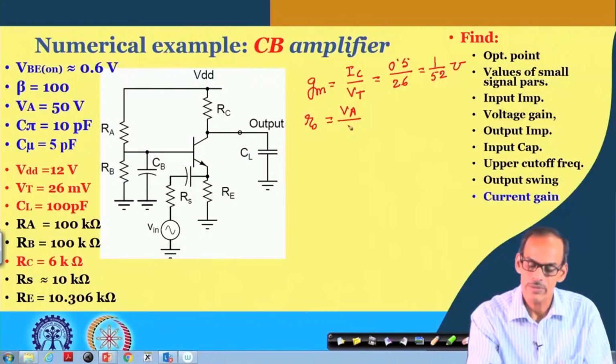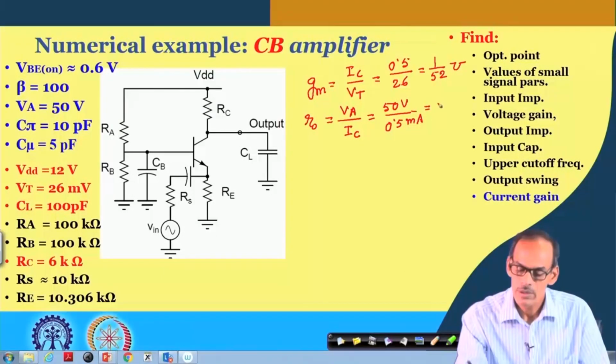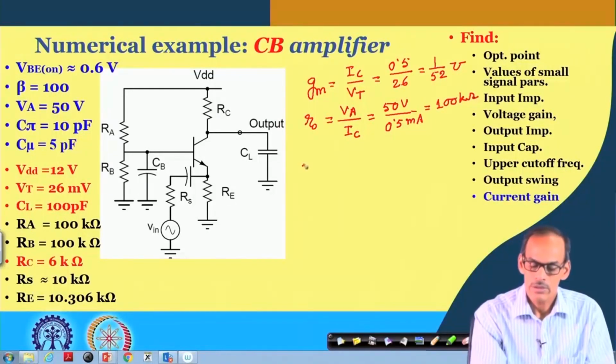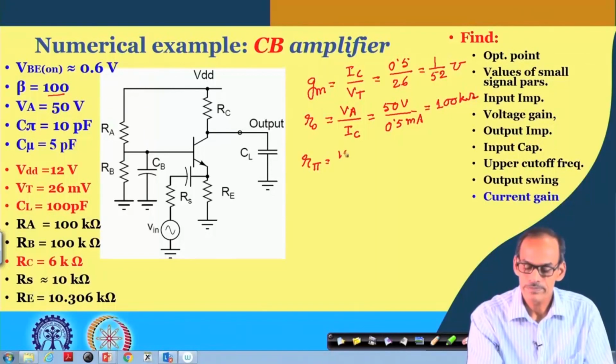And then RO is VA, the early voltage, divided by IC. So, this is 50 volt divided by 0.5 milliampere. That gives us 100 K. And R pi is beta, which is 100, divided by Gm.